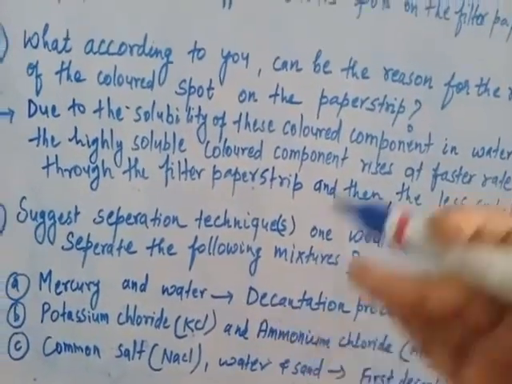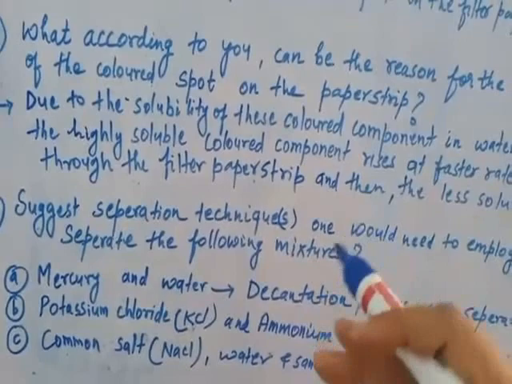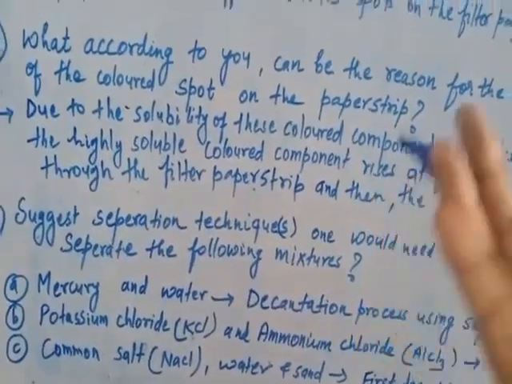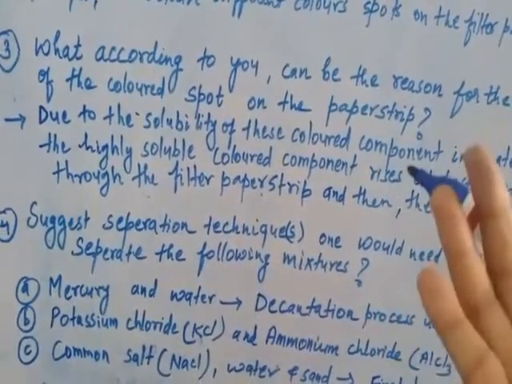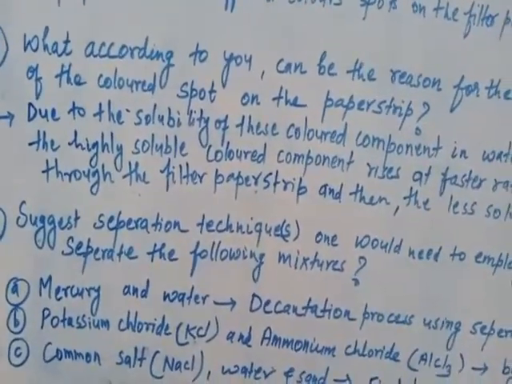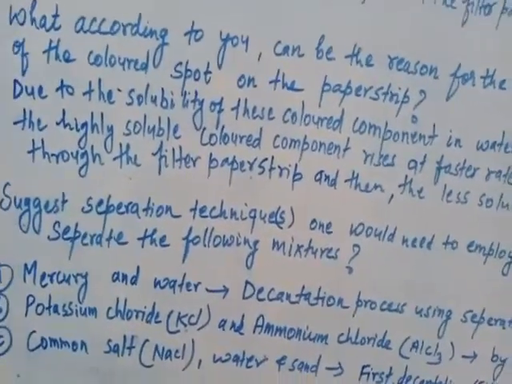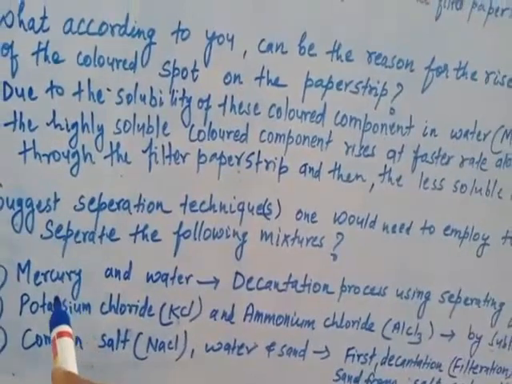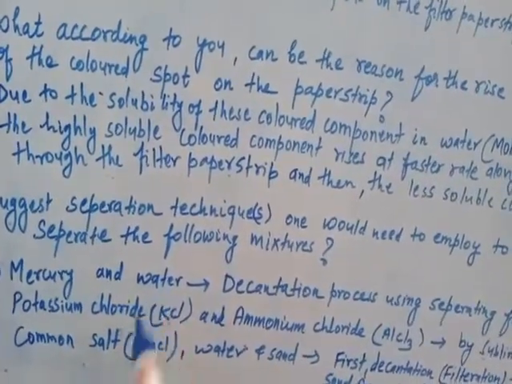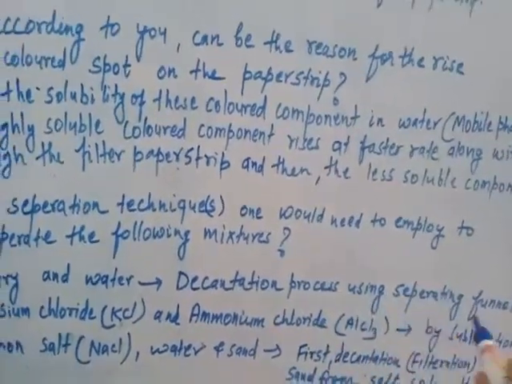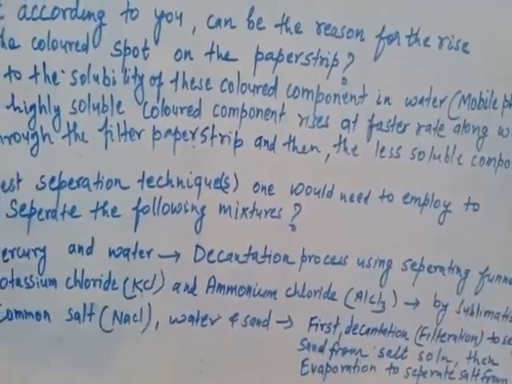The heavier liquid goes to the lower level, and the liquid having lower density, or the lighter liquid, floats over the heavier or high density liquid. You know that. So the decantation process is like that only. You can just write that in mercury and water, the separation is by the decantation process using the separating funnel. This much is just enough.